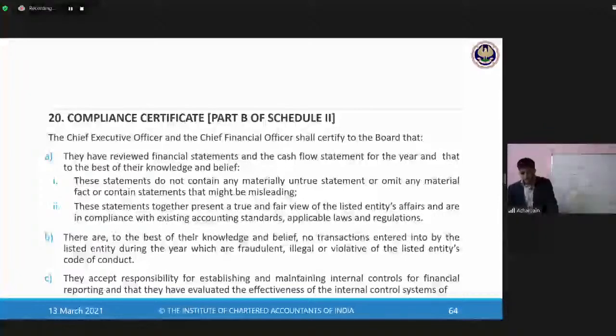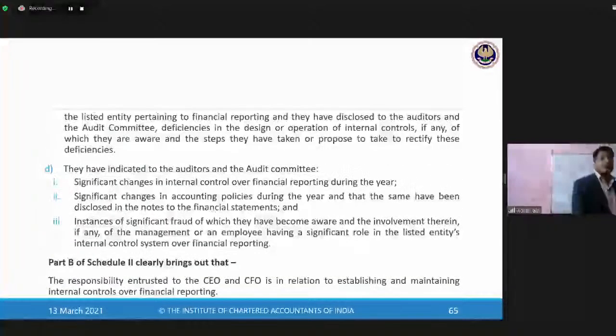of conduct. They accept responsibility for establishing and maintaining internal controls for financial reporting, and they have also evaluated the effectiveness of internal control systems of the organization in respect of financial reporting, and they have disclosed to the auditors and the audit committee if there were any deficiencies therein.